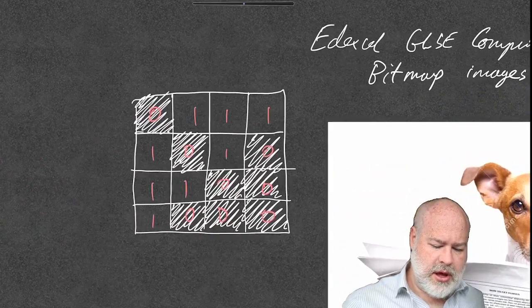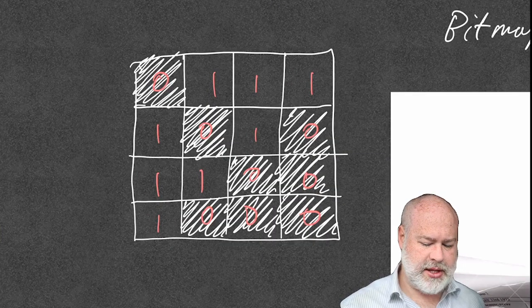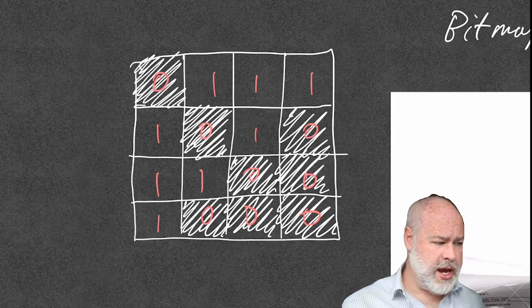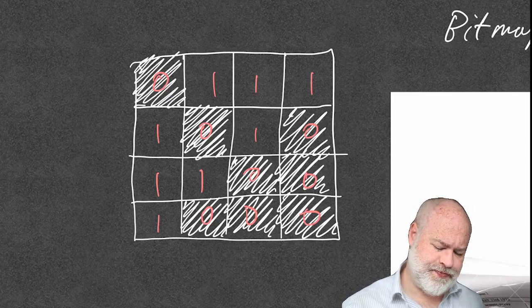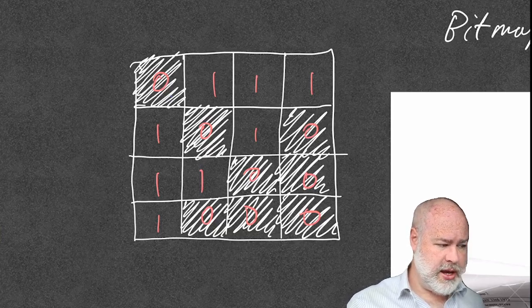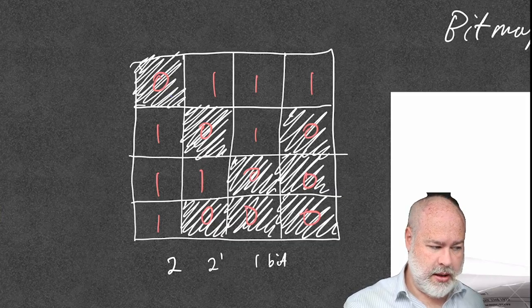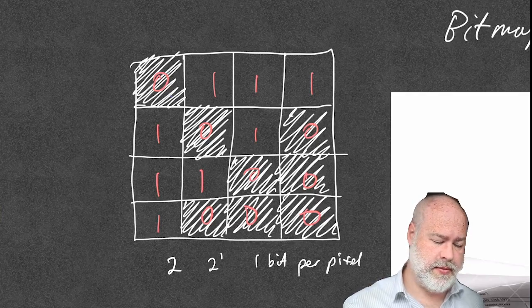So let me just start off with a very simple bitmap image, let's say of a little arrow that you might find on Word or PowerPoint. The number of colors here, we just got black and white, this grid of 16. So if we just need two colors, black and white, that is 2 to the power of 1, and it's 1 bit per pixel. 1 bit per pixel.